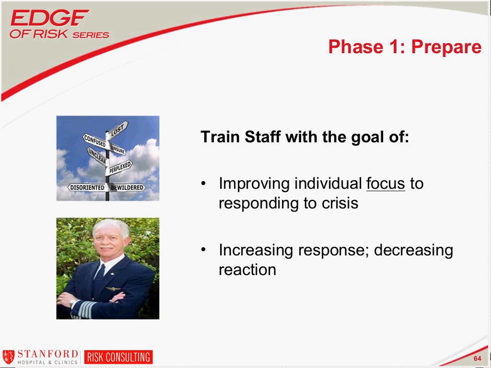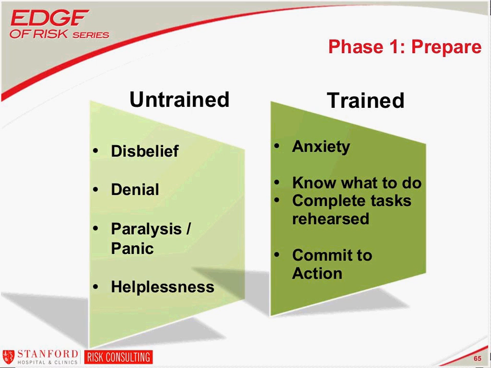U.S. Airways pilot Captain Sullenberger is a prime example of someone trained to focus on managing emergencies. As you all may remember, he successfully landed a crippled jetliner in the Hudson River. It is this controlled, trained response that hospital organizations should strive to instill in their staff. In fact, studies have shown there is a difference between the reactions of individuals who have been trained to address stressful, life-threatening emergencies as compared to those who have not.